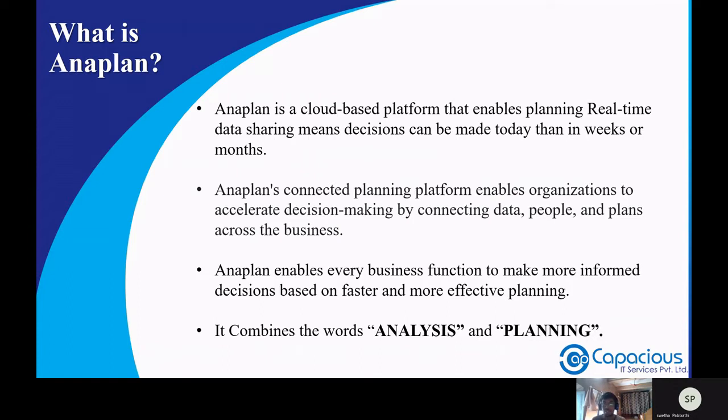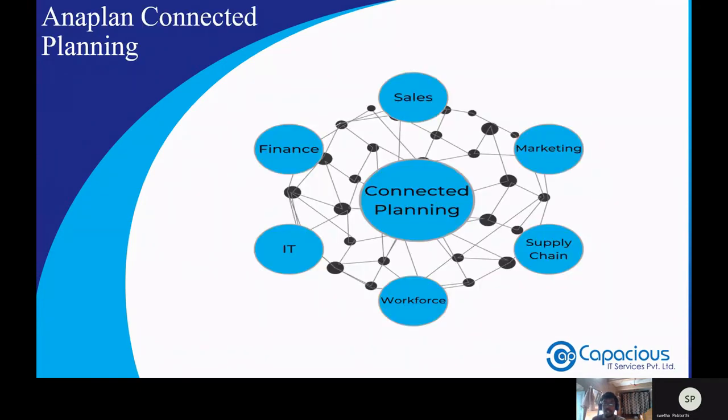Anaplan gives every business function the ability to make more informed decisions based on faster and more effective planning. It combines the words analysis and planning. Anaplan connects organizations like sales, marketing, supply chain, workforce, IT, and finance. Anaplan will connect planning to these organizations.